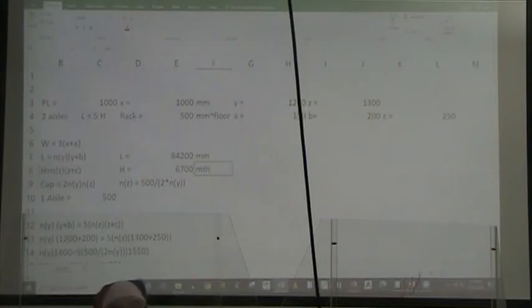All right, so about 84 meters long and about 6.7 meters high.